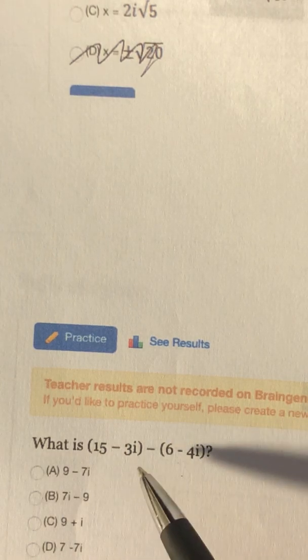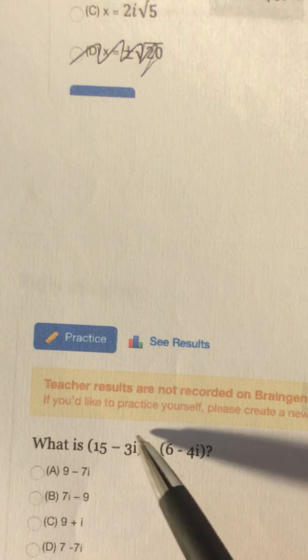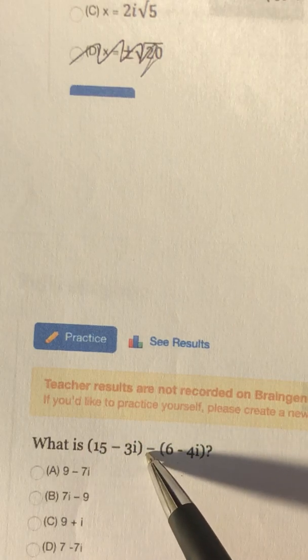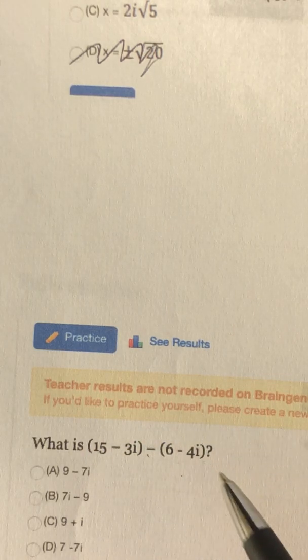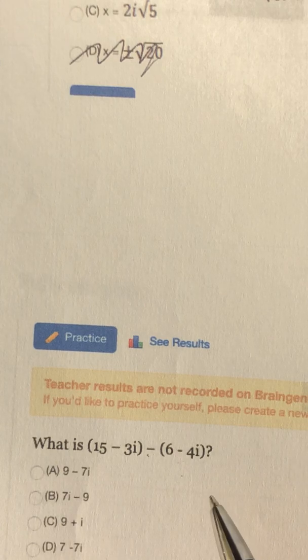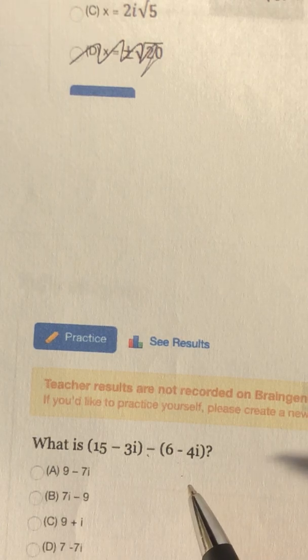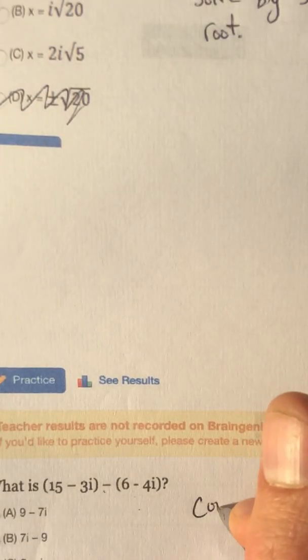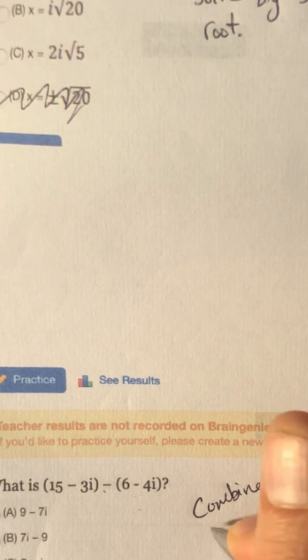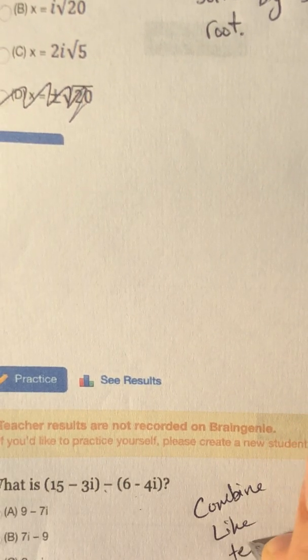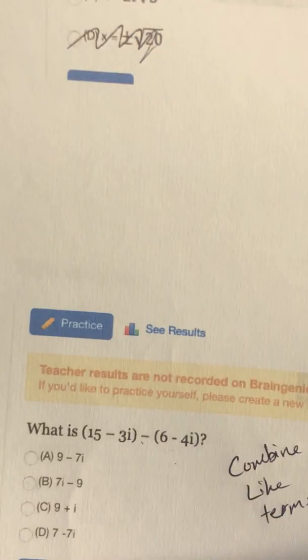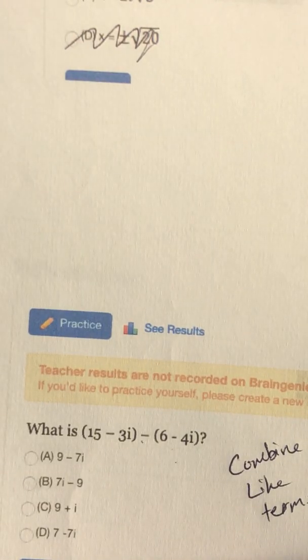I can't multiply these. What I'm doing is I'm taking one complex number and subtracting another complex number, okay? And maybe it's easiest to think about this as combining like terms. So if I have an I, then I can combine them, and if I have a constant, then I combine those, okay?